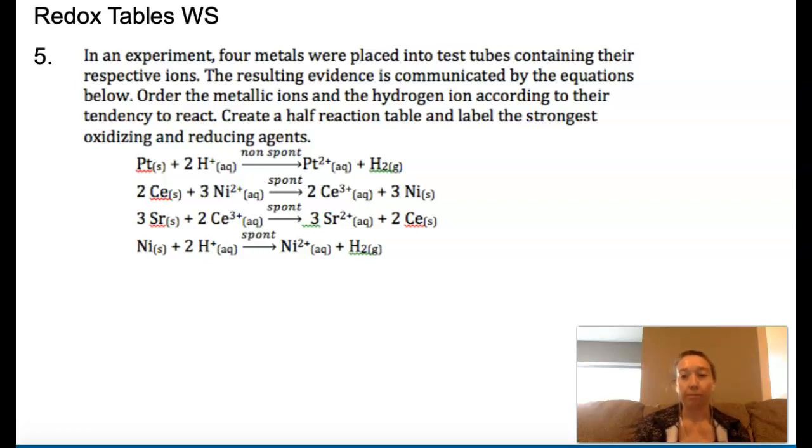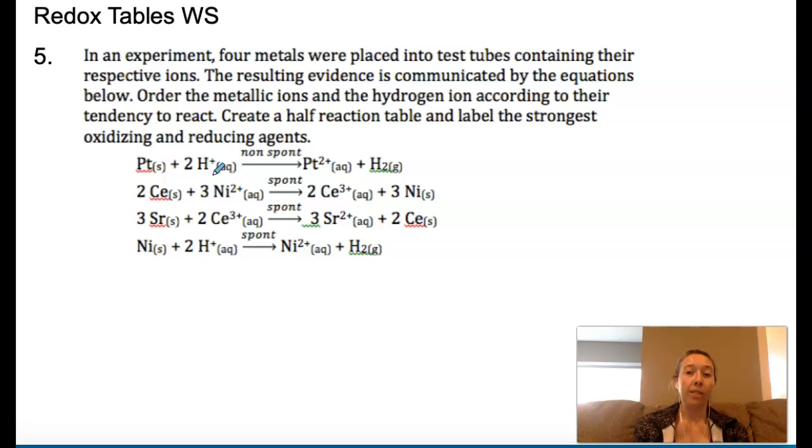All right, so how this is going to work. We are going to look at each of these reactions. If we start with the first reaction, we have Pt with 2H+ turning into Pt2+ and H2. The first step is to decide, out of the Pt and the H+, which one is the OA and which one is the RA.